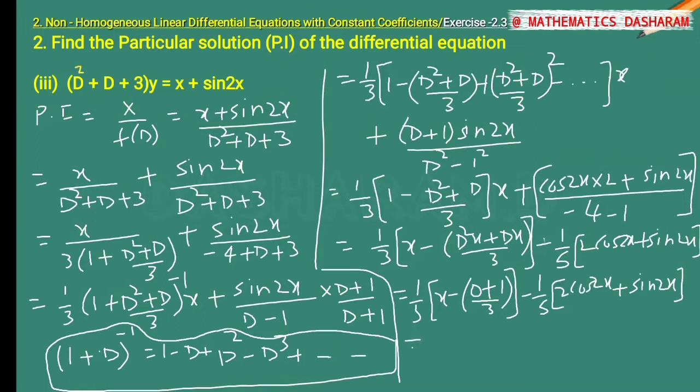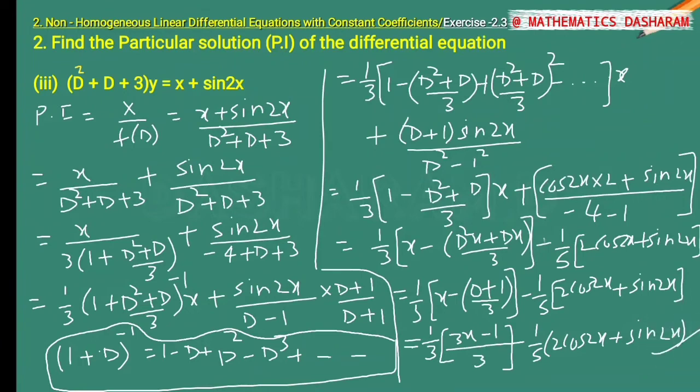So here 1 by 3 bracket of, let's take the 3 LCM, so 3x minus 1 by 5 into 2 cos 2x plus sine 2x. So here 3 into 3 is 9. So this is our required answer.